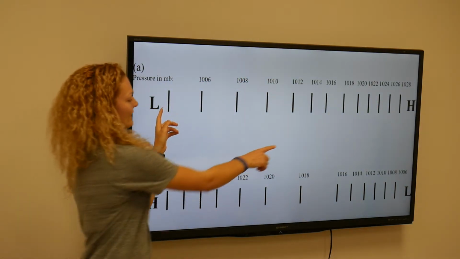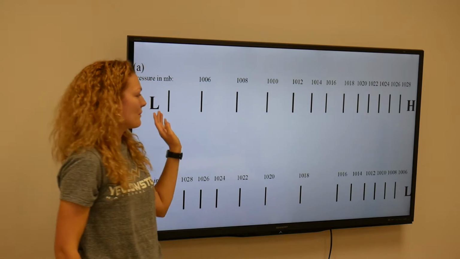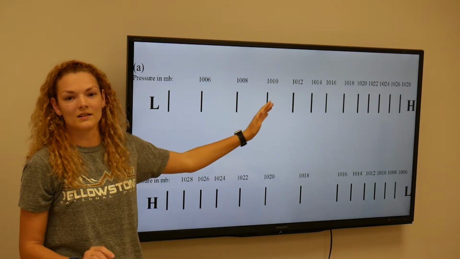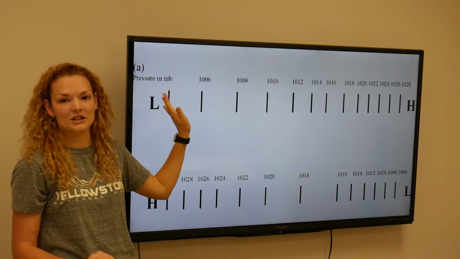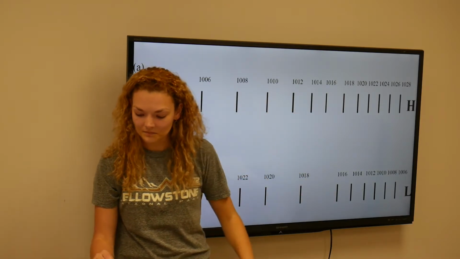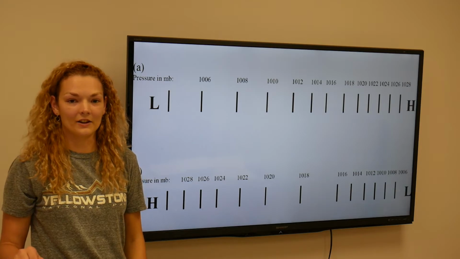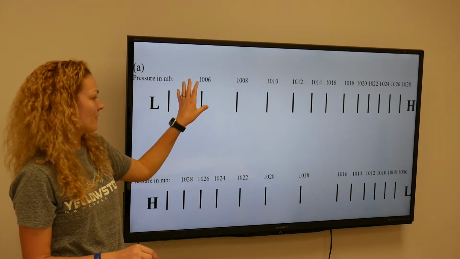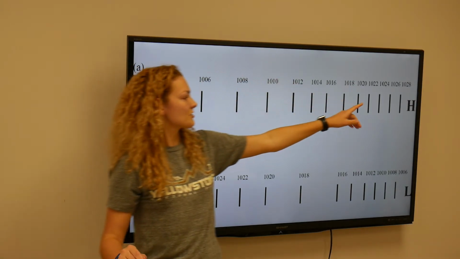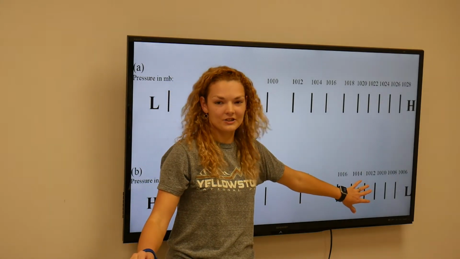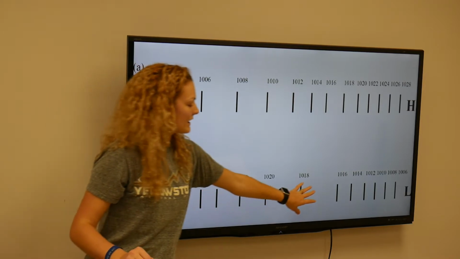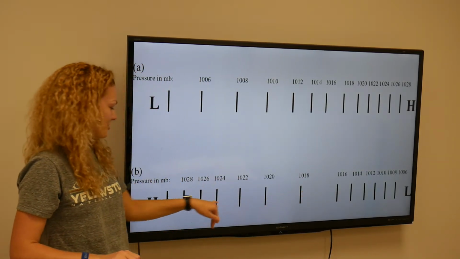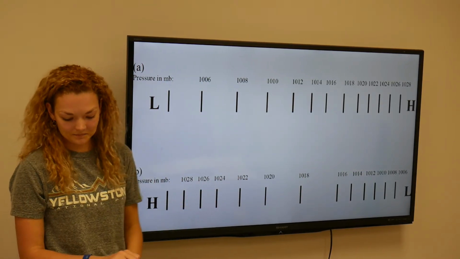Right here, this is a long distance, but not that much is changing over this long distance. So this is going to be a weak pressure gradient because not a lot is changing over a far distance. If you want to label that in your lab manual, you can. So we have weak pressure gradient, strong gradient, this is another strong gradient, and this is a weak one. Or it's more weak in the middle here because it kind of gets stronger right here.